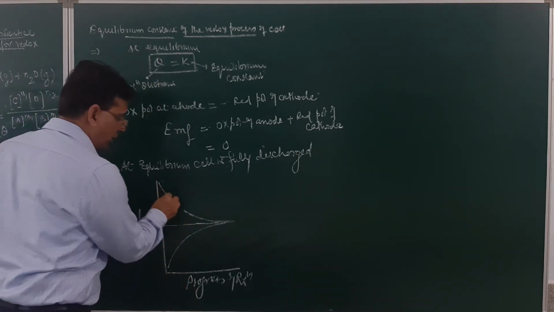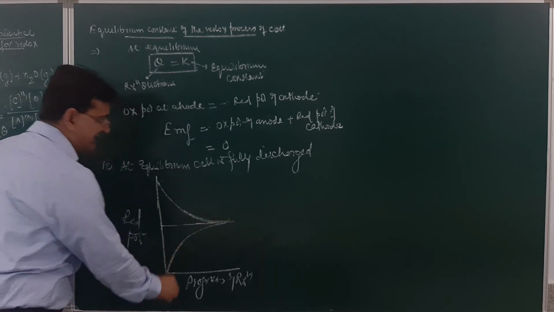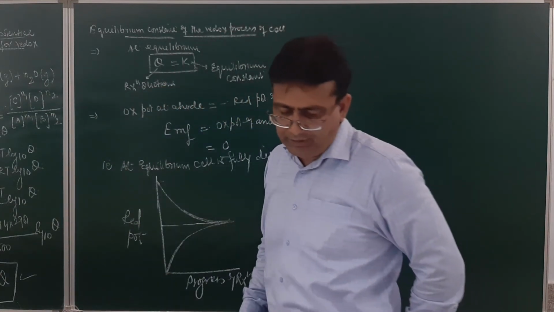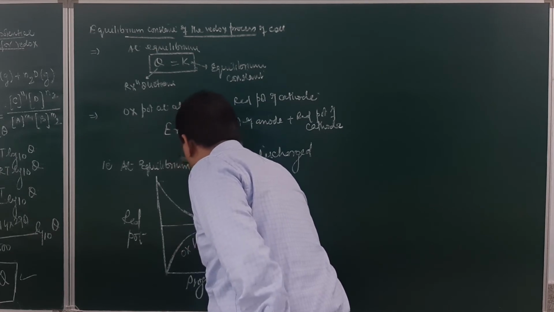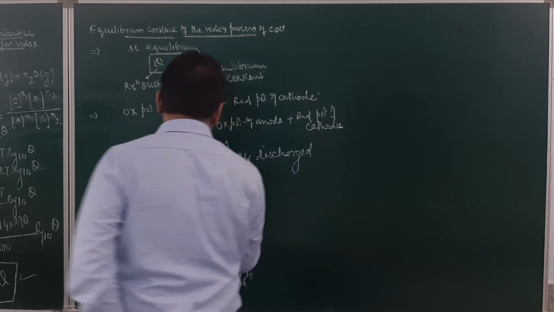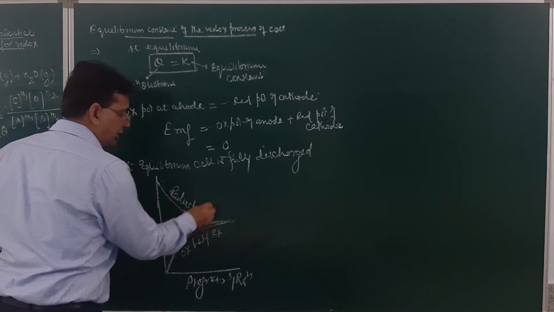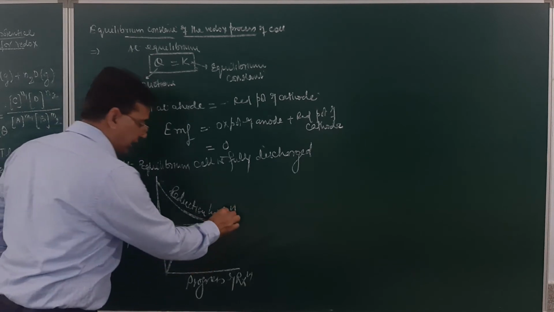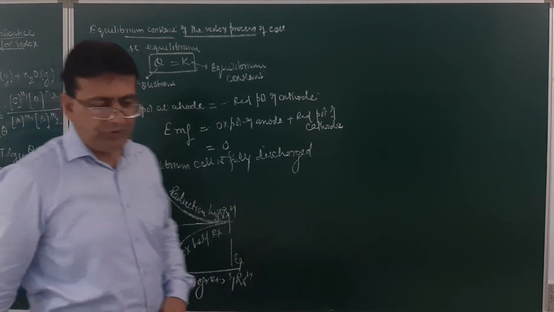Am I clear? As already told you, at the stage of equilibrium, the cell gets fully discharged. So this is the oxidation half reaction and this is the reduction half reaction. Here it will be the stage of equilibrium. I think I shall be very clear, student.